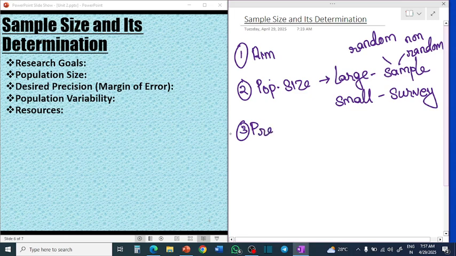Whenever we look into the precision, more will be the sample, more will be the precision. For example, there are 100 students. Out of these 100 students, you have taken 50 students and you have taken their marks.